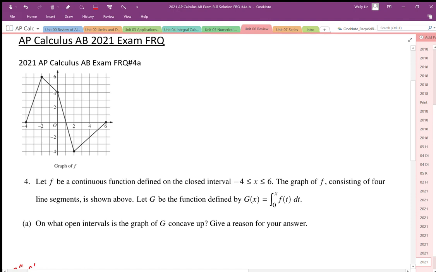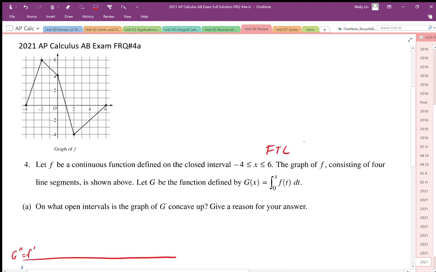First things first, it's important to recognize that this is the fundamental theorem of calculus, and that g prime of x is going to be equal to f of x. Okay, so that's an important concept.